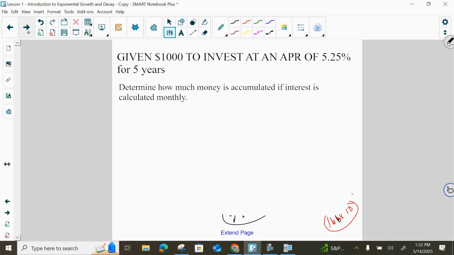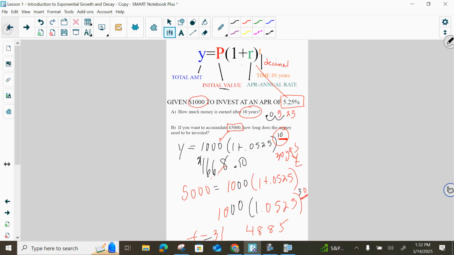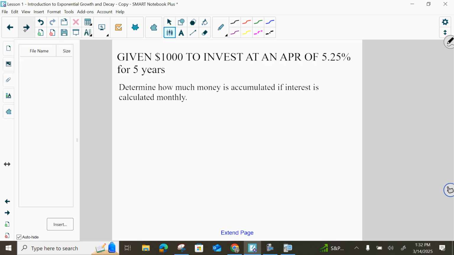So we just did this one, right? What was our answer to our very first one? Did I write the answer down? I thought I wrote the answer down. Oh, but that was 5 years, and that one was 10 years. Okay, so let's figure this one out first, and then I'll change it.